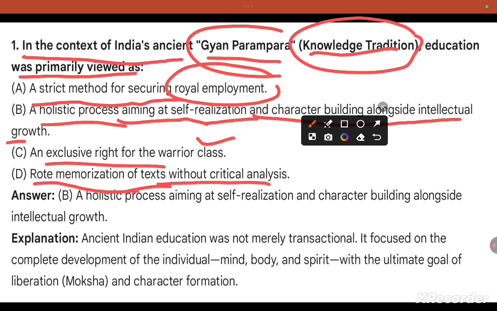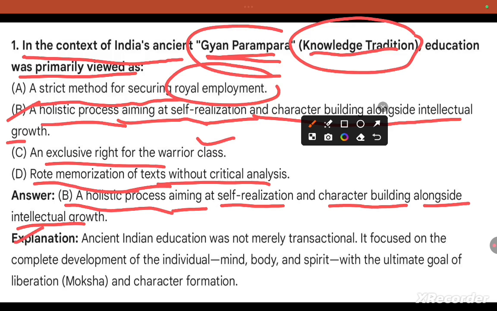So here the answer is that Gyan Parampara education, which means knowledge tradition, primarily focuses on a holistic process aiming at self-realization and character building alongside intellectual growth.